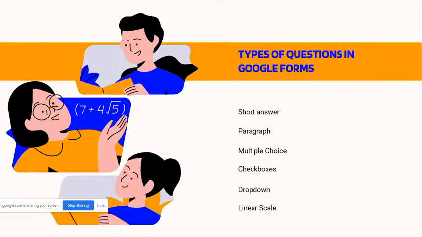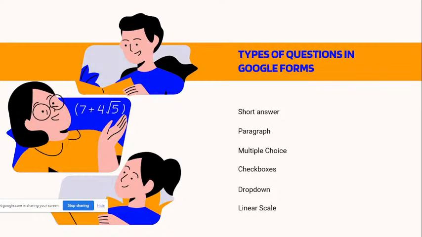At that point, the short answer space will not be enough. You need to use the paragraph so the person can type out maybe 250 words, 1,000 words, describing why they want to join the training or why they want the scholarship, depending on the question on the form. So that's for the paragraph.